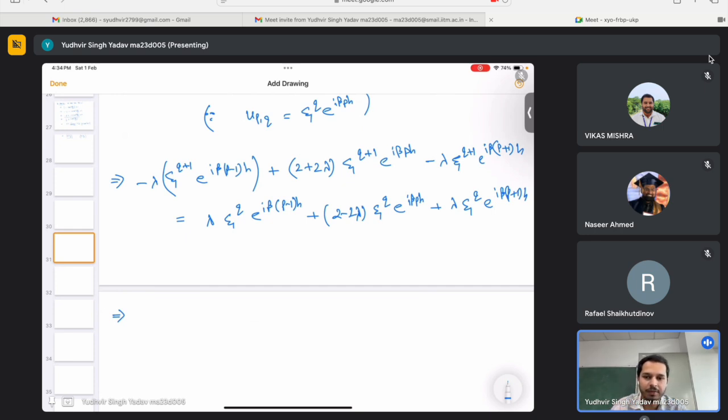So in this case, again, we will take the terms ξ^q and e^(iβph) common and simplify further.